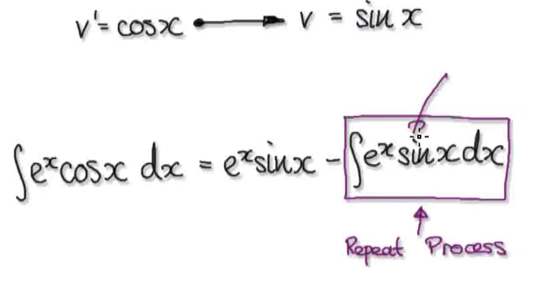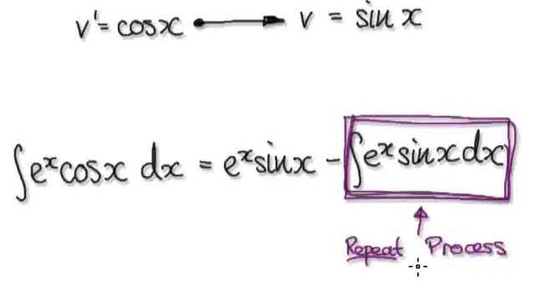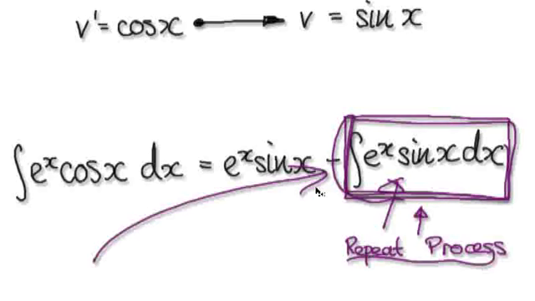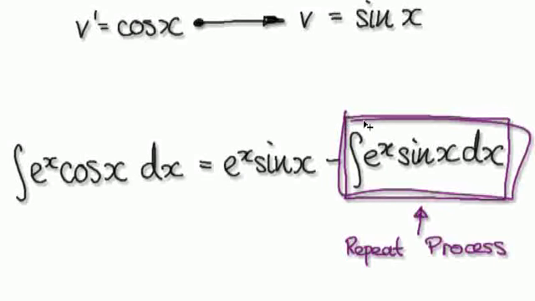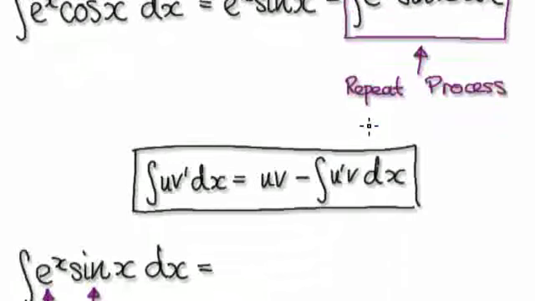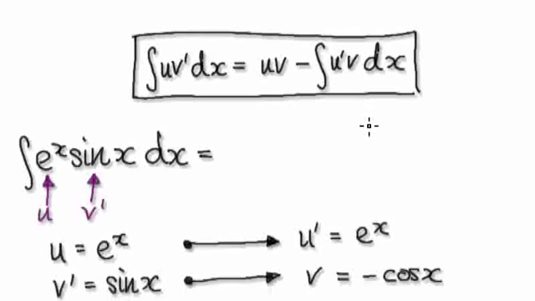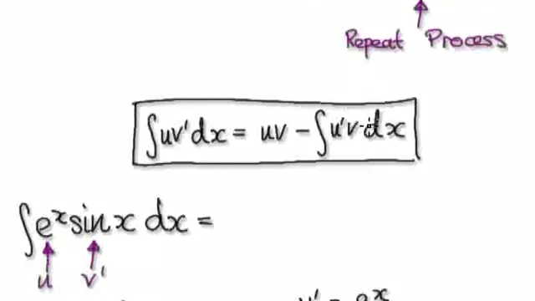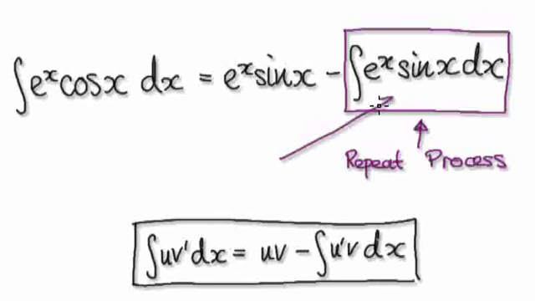Now repeat the same process on this bit here. The thing is, if you do it twice, you'll see what I mean later. So we still need to evaluate this. Let's repeat the process on this one only, and then later we can put it back into here. Remember, we are just looking at this box only.